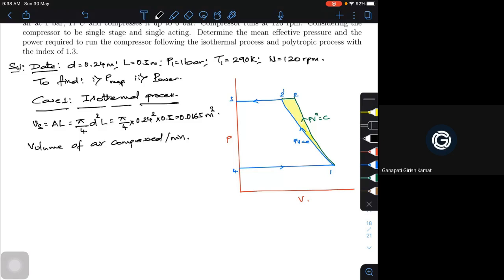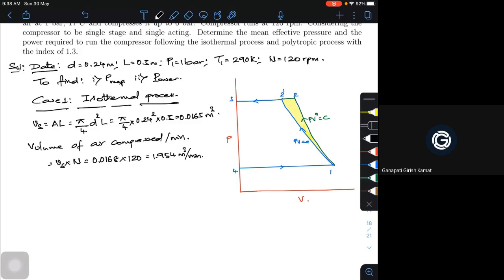If you want to look into what volume of air is compressed per minute, just multiply by the speed N. So the volume of air compressed per minute is equal to Vs into N, that is 0.0163 into 120. I'm getting around 1.954 meter cube per minute.